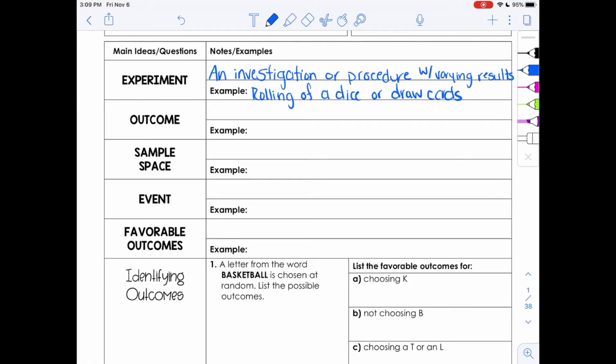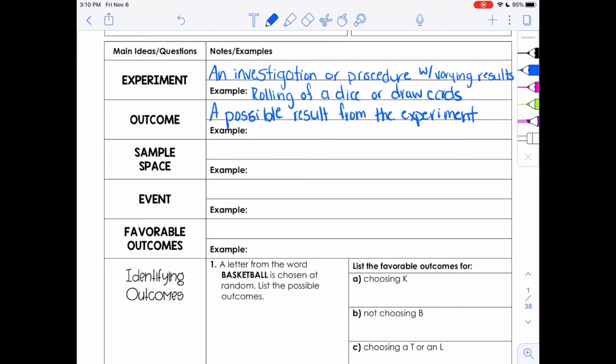When you do an experiment, you have something called an outcome. So an outcome is a possible result from the experiment. So when you spin a spinner, you have multiple outcomes. There are multiple spots where that spinner could land.